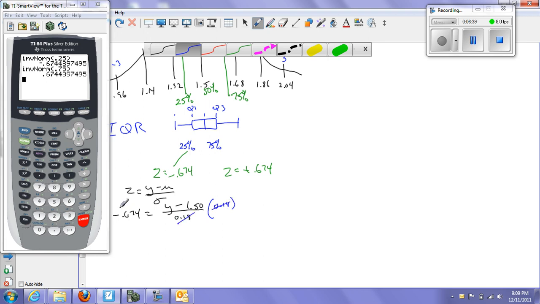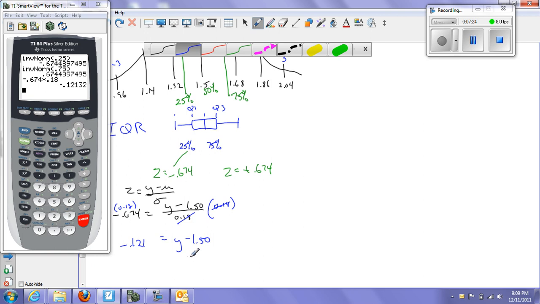So negative 0.674 times 0.18 equals negative 0.121.